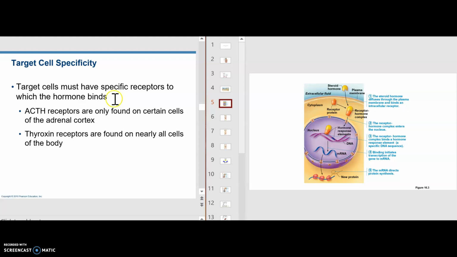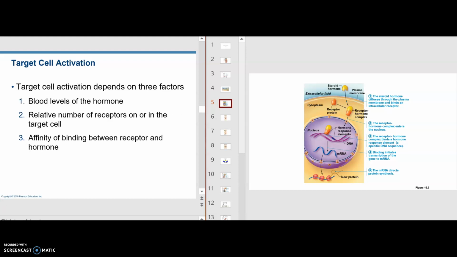ACTH, adrenocorticotrophic hormone, receptors are only found on certain cells of the adrenal cortex. These are examples. Thyroxine receptors are found on nearly all cells because thyroid hormone can activate and work with many different cells. Okay? But ACTH is a specific one, which we'll talk about a little bit later. Thyroid hormone has many receptors on many different cells.